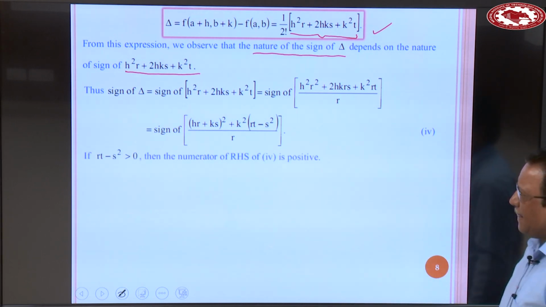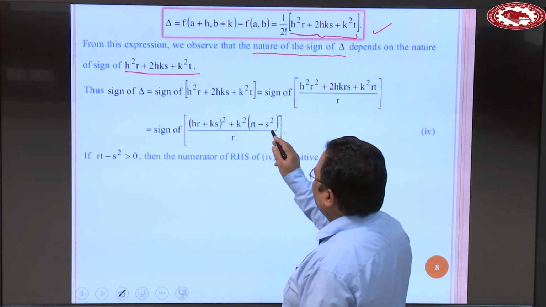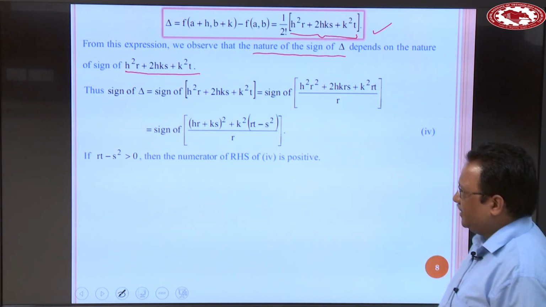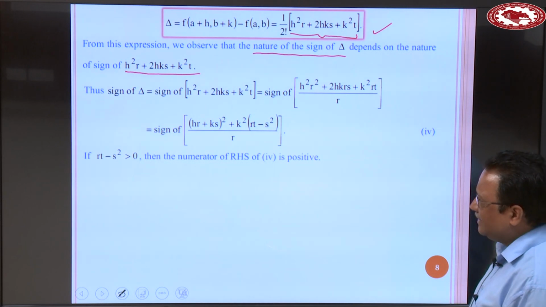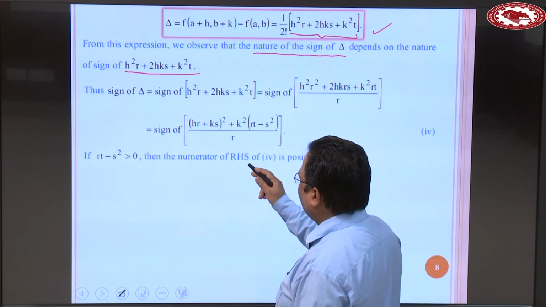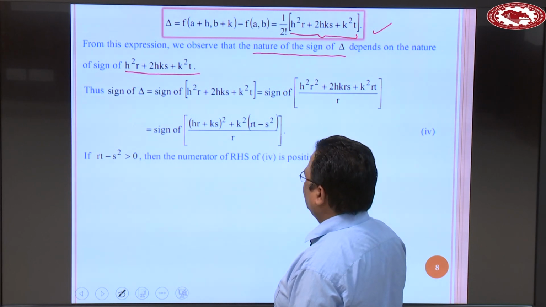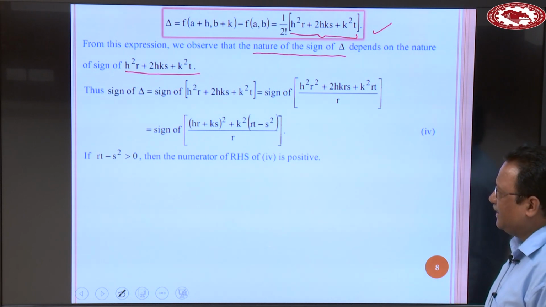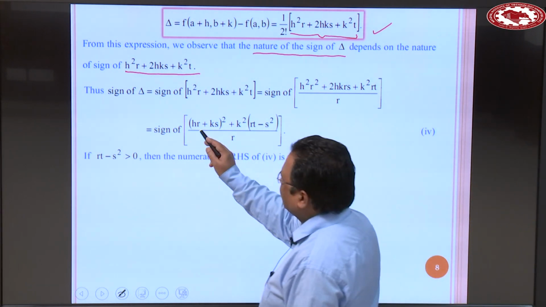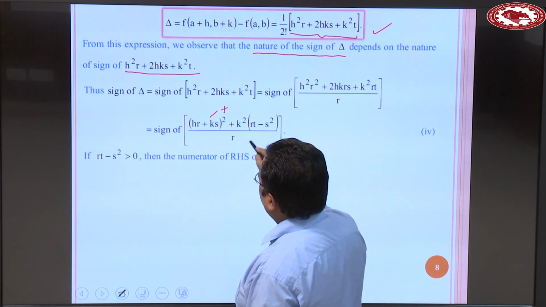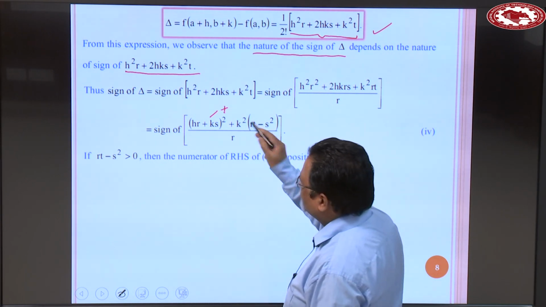Now, if r t minus s square is greater than 0, then the numerator of the right hand side of 4 is positive. So, this (h r plus k s) whole square is positive, and k square times this one is positive.